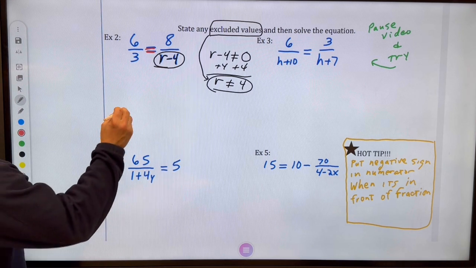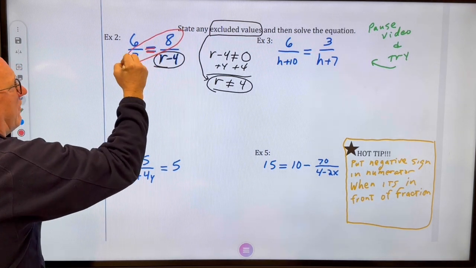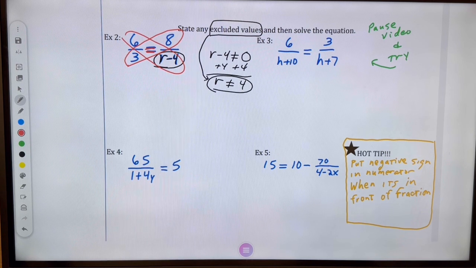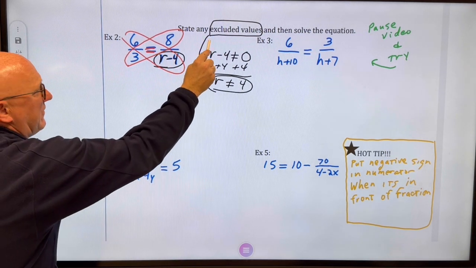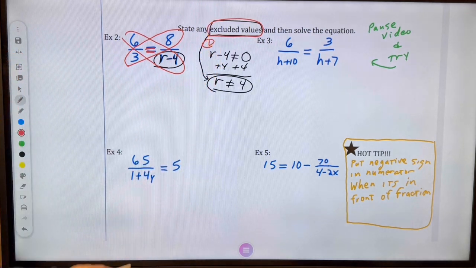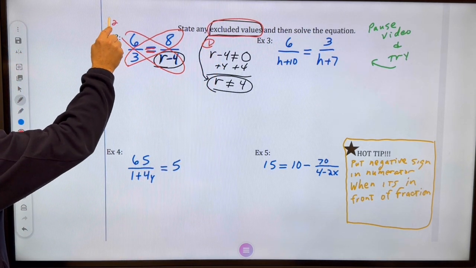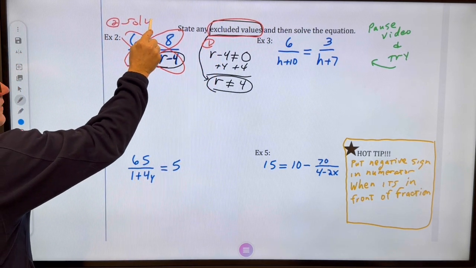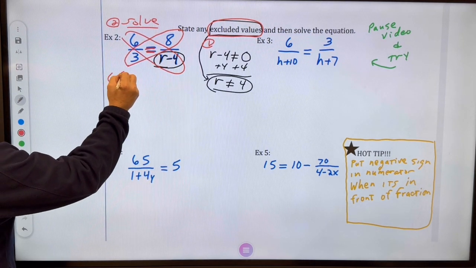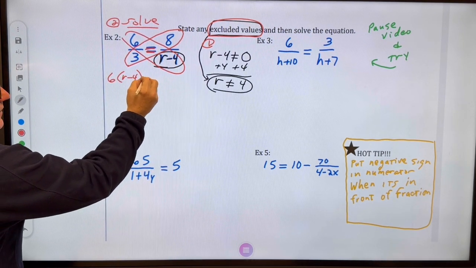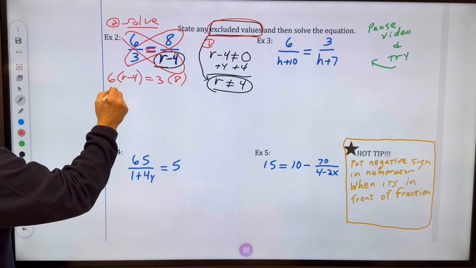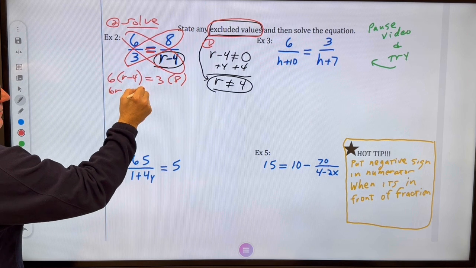Then in red, we can go ahead and start to solve like we did before by cross multiplying. So the first step is let's solve and find the excluded values. The second step, let's go ahead and solve like we normally would. 6 times r minus 4 is equal to 3 times 8. We just distribute and we multiply.